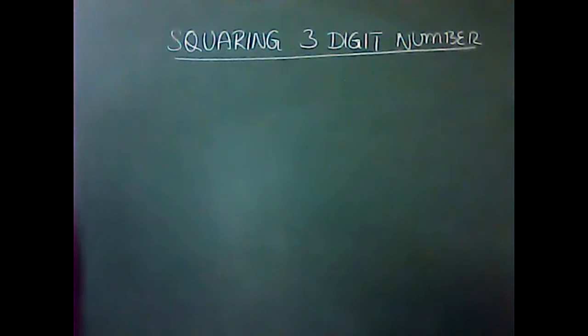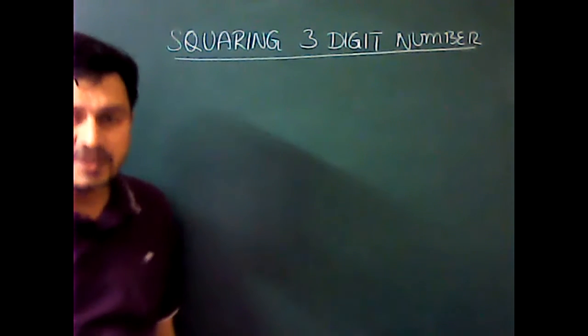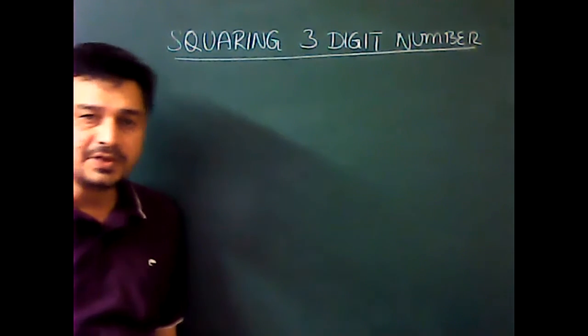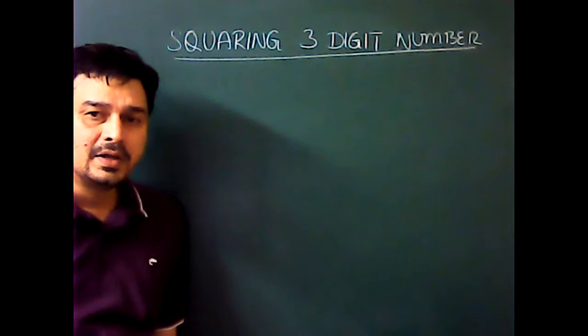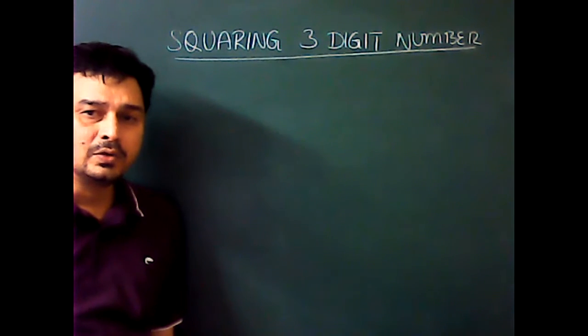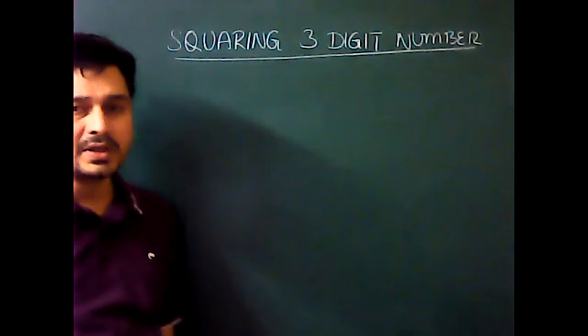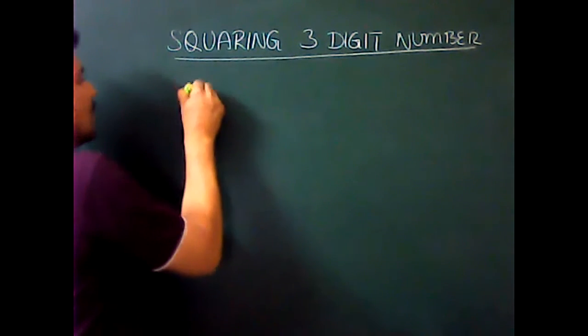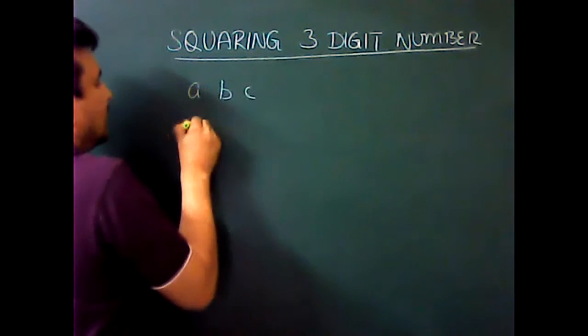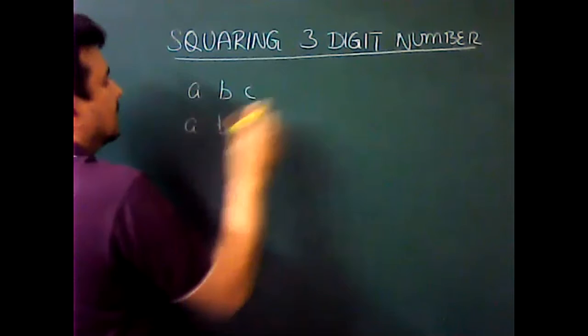Squaring a three-digit number is very similar to multiplication of a three-digit by a three-digit number, but in this the two three-digit numbers are the same. So let us see the previous technique taking the same digits.